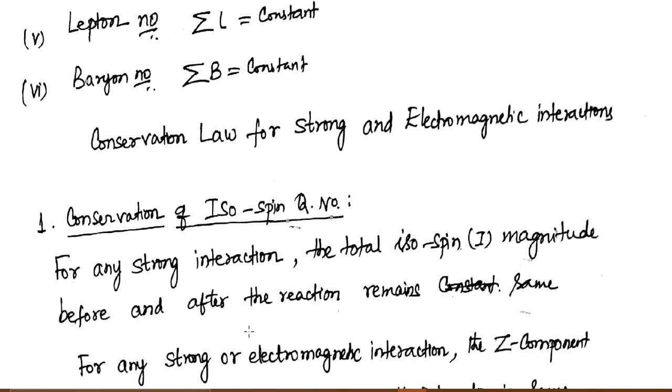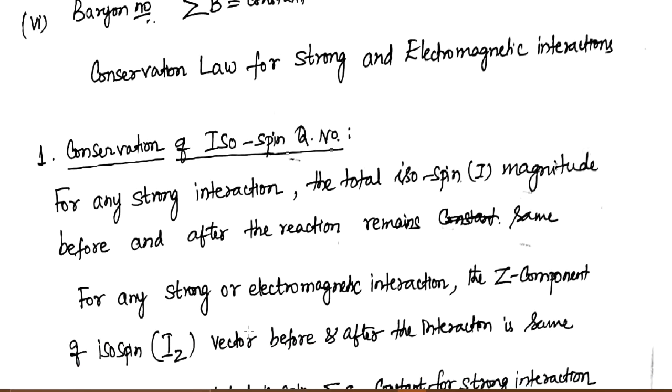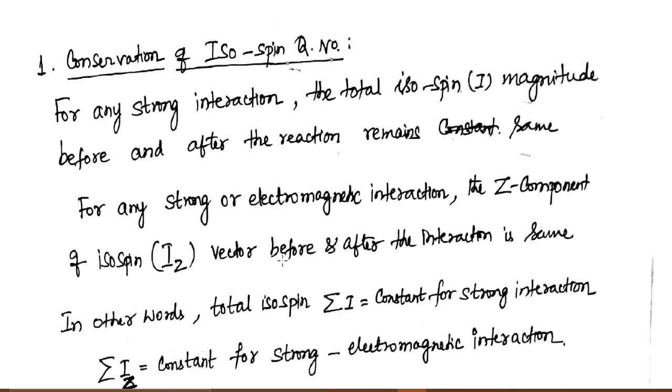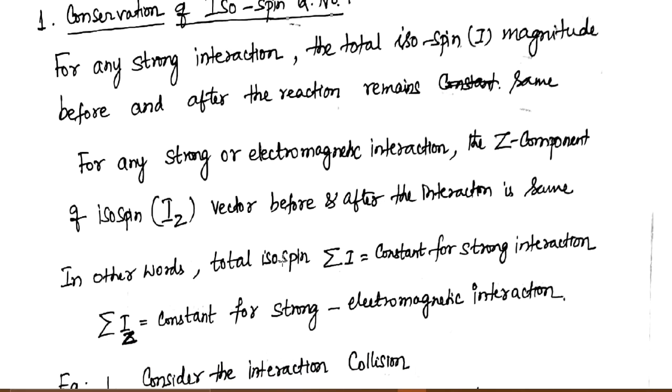Conservation laws for strong and electromagnetic interactions. Under that, number 1, conservation of isospin quantum number. For any strong interaction, remember the total isospin denoted by capital I, its magnitude before and after the reaction remains the same.